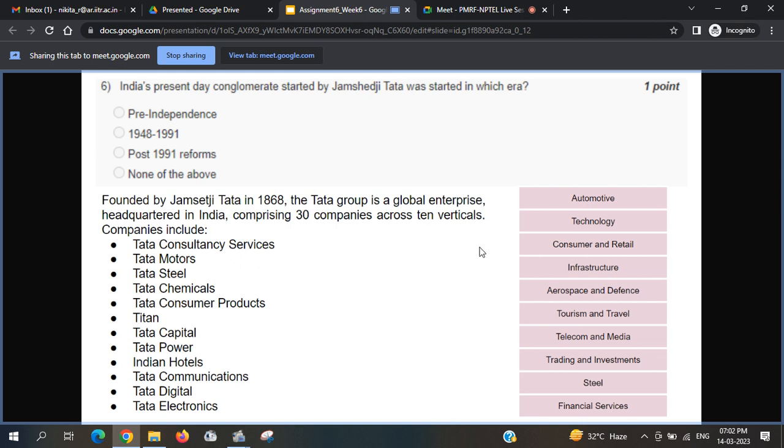The verticals under which these companies fall are automotive, technology, consumer and retail, infrastructure, aerospace and defense, tourism and travel, telecom and media, trading and investments, steel and financial services. So the Tata Group is a global conglomerate which is composed of these different companies, and lies under 10 different verticals, which I just mentioned.